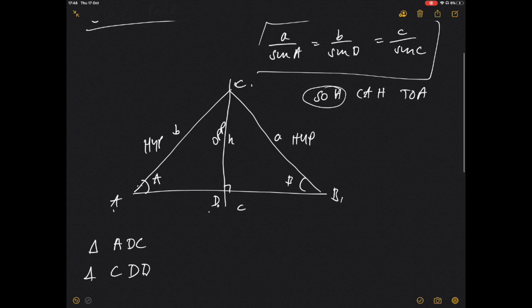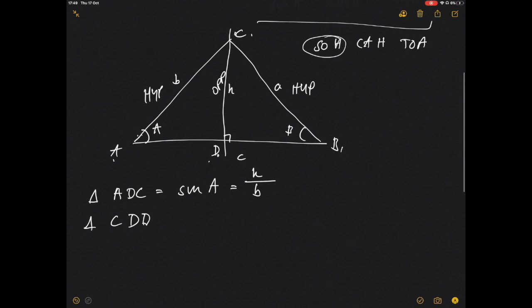So if we begin to fill out our equation, sine A for the first one equals the opposite, which is h, over the hypotenuse, which is b. And we can see the same for CDB: sine B would equal the opposite, h, over the hypotenuse, which is a.